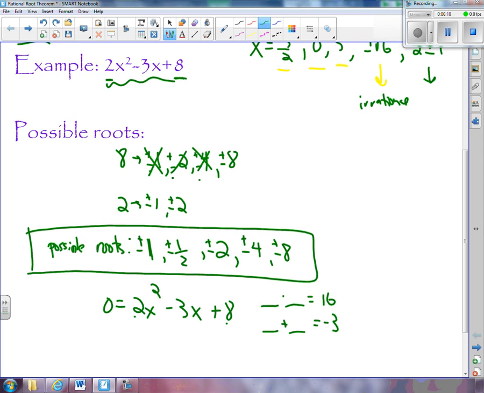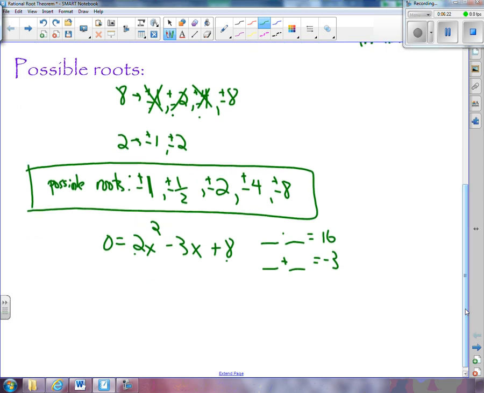So nothing accomplishes that. So if you were going to solve this, you would have to use the quadratic formula, which would be negative b plus or minus the square root of b squared minus 4 times a times c all over 2a. All right. So now, if you look here, inside this radical, you're going to get a negative number.